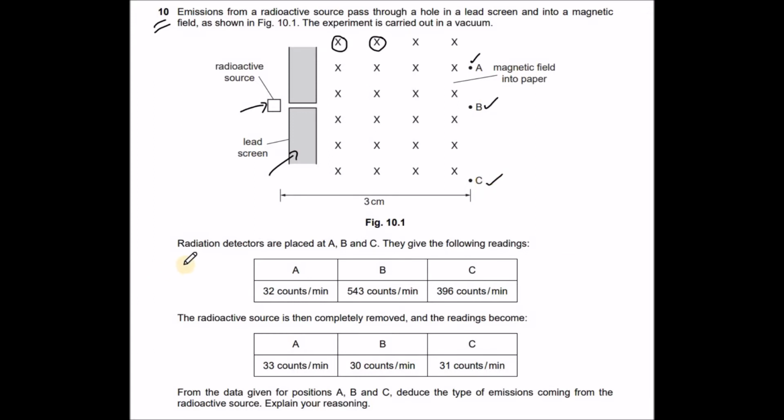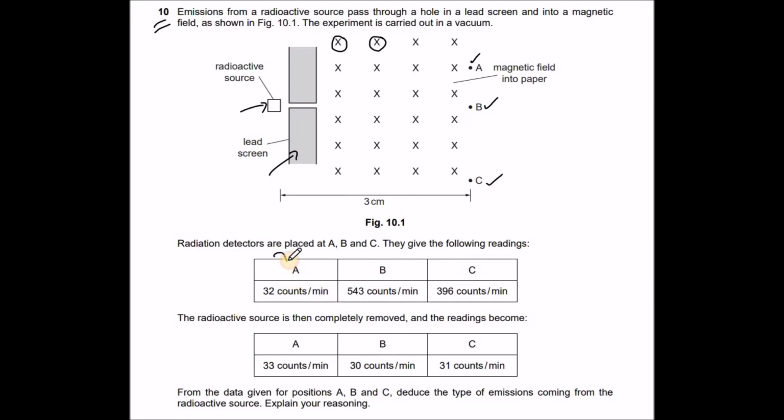Now what we have, radiation detectors are placed at A, B and C. They give the following readings. You know well, radiations are invisible and for their detection we use a special type of detector. So at points A, B and C they place detectors to record the radiations. And what are the observations recorded?